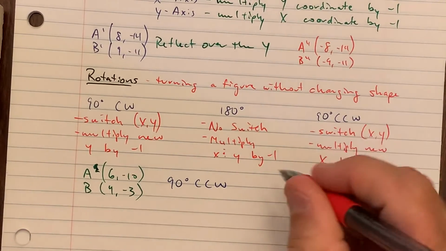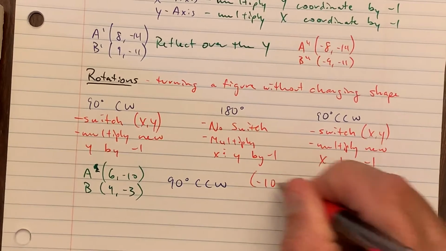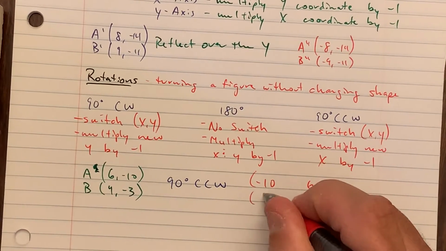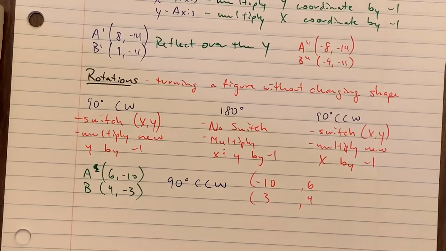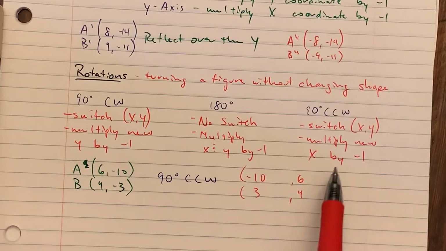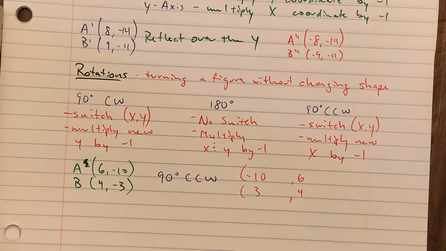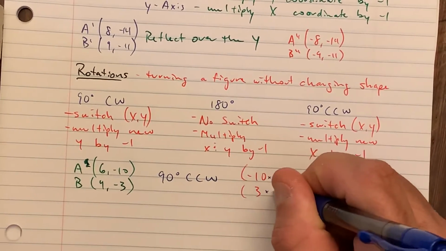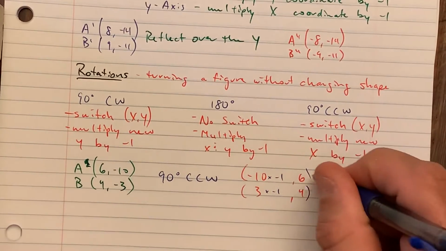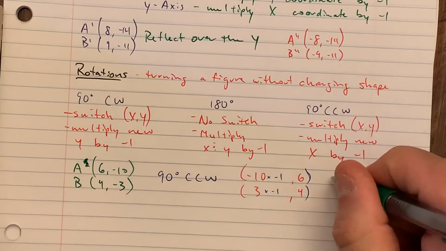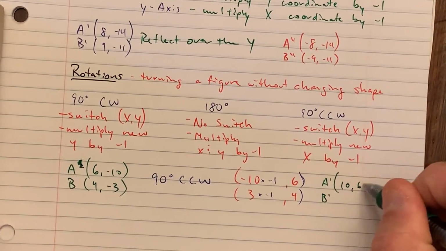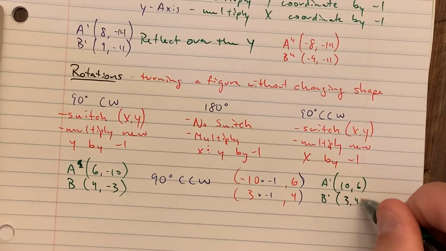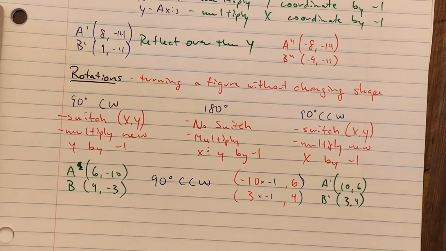We will switch these two to make this -10 and 6, -3 and 4. I'm just leaving space for my work because I can look back at my rules and it says, oh, multiply my new X by -1. Times -1, times -1. And now this will give us our A prime and our B prime of 10, 6, and 3, 4. So there's our rotations in action.